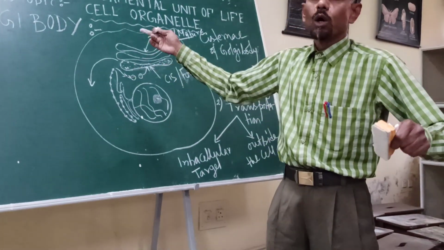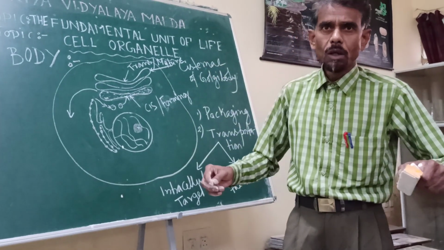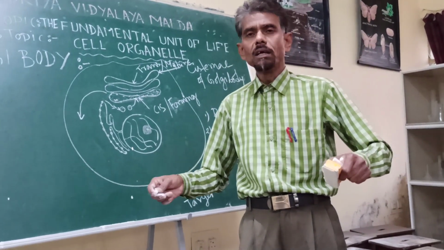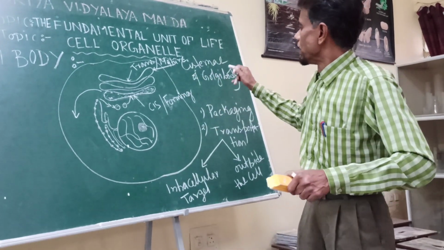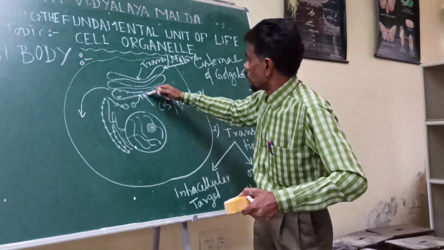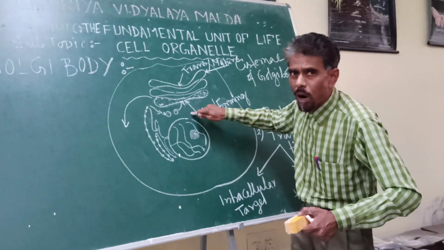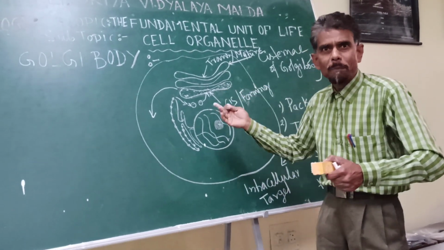So, once again, the Golgi body or Golgi apparatus was observed for the first time by Camillo Golgi. In honor of his name, it was given the name Golgi apparatus or Golgi body. It has a flattened sac-like structure; the side facing towards the nucleus has a convex appearance.